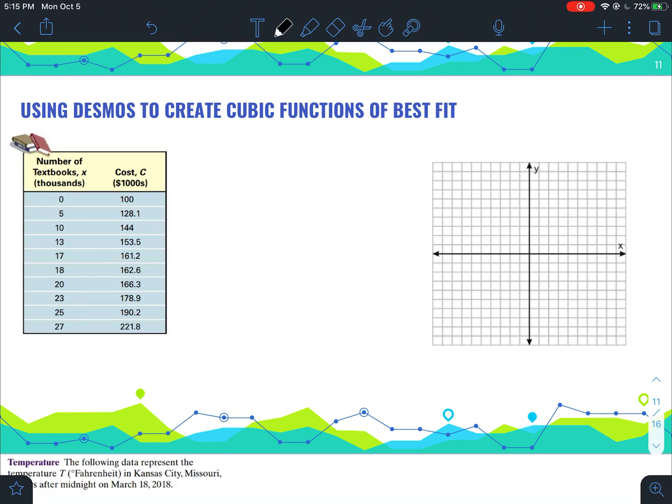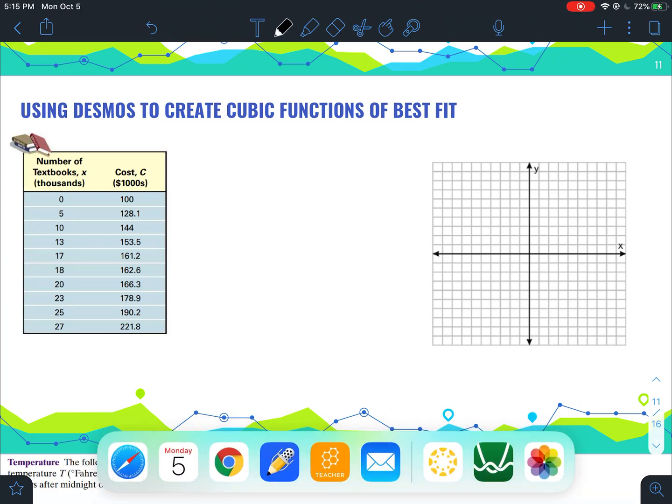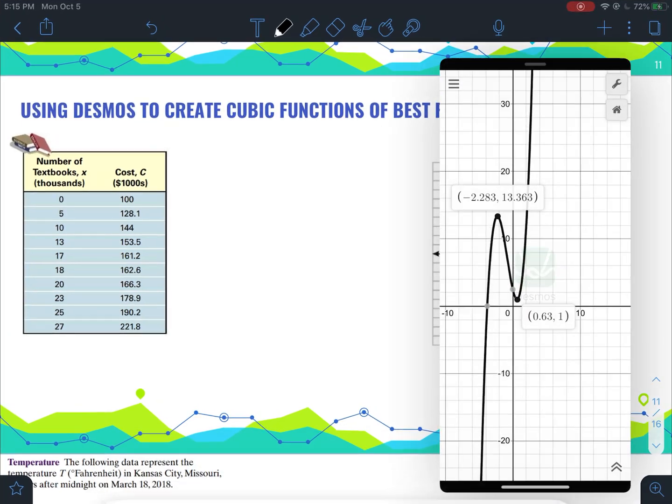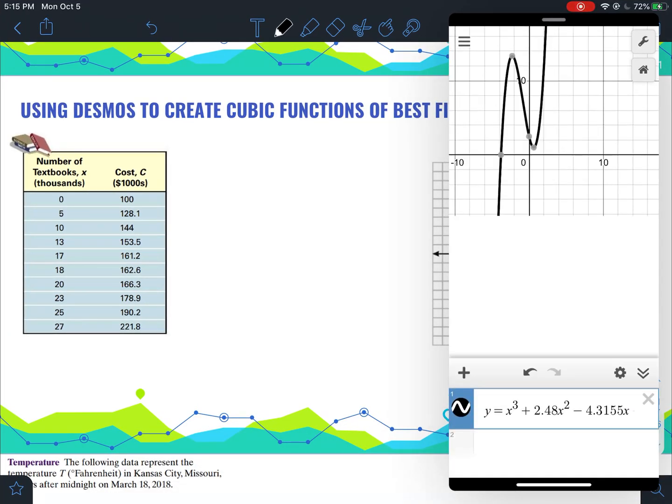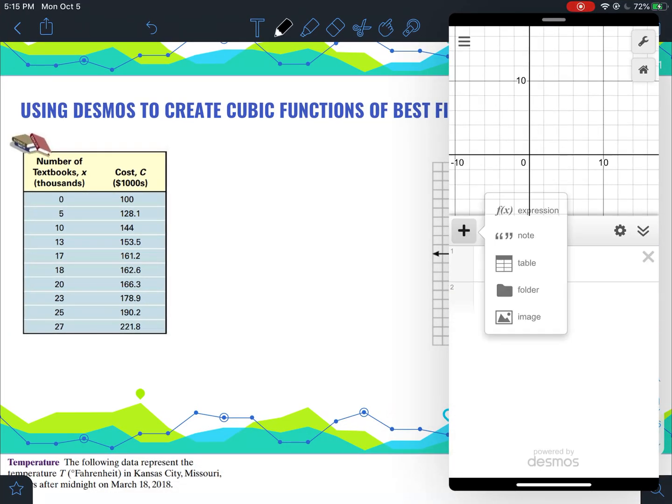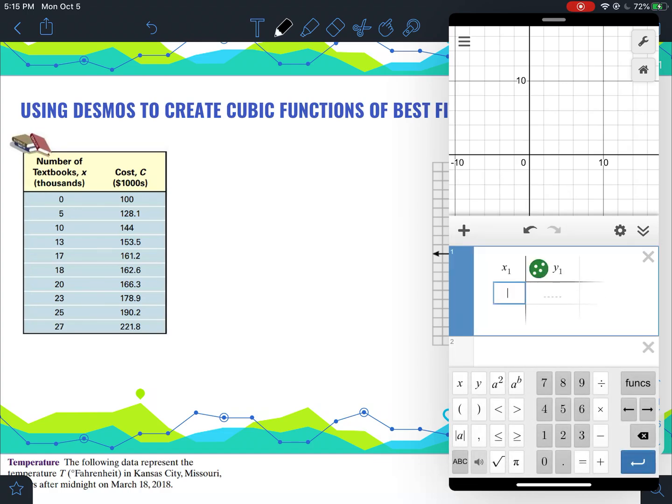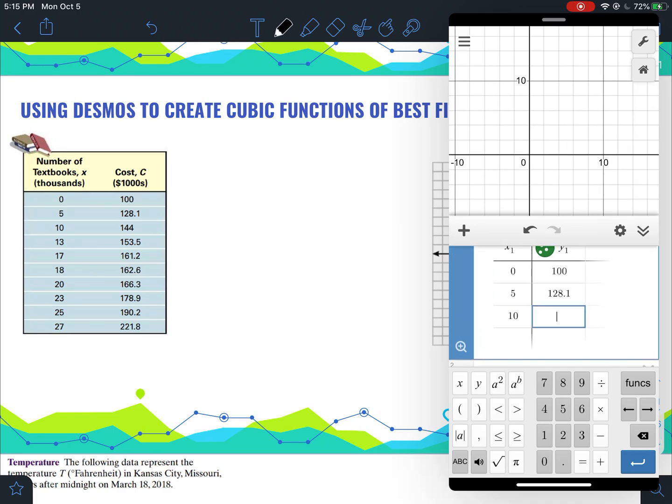All right, so using Desmos to create cubic functions of best fit. So let's go ahead and pull this up. So let's, just like we did before, we're going to enter in our table. So we have the point 0, 100. We have the point 5, 128.1. We have the point 10, 144.